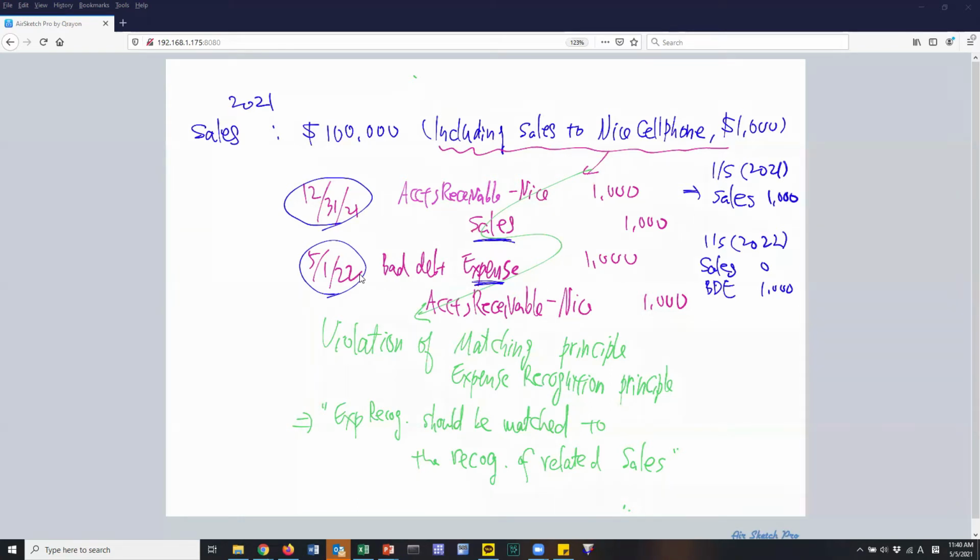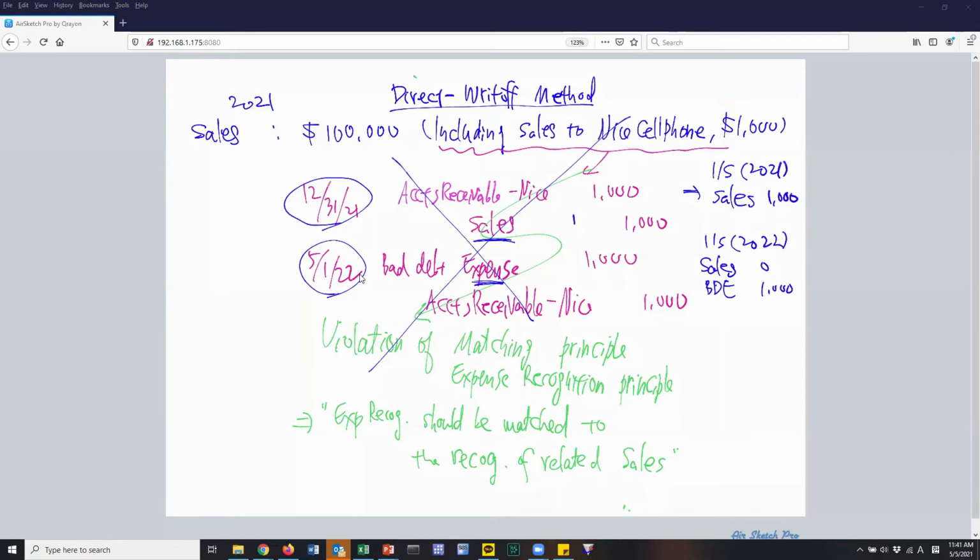Then definitely investors will not be happy. So this is not an allowed method in the US under the GAAP. And this method is called, actually it has a name, the direct write-off method. And again, this method is not allowed.